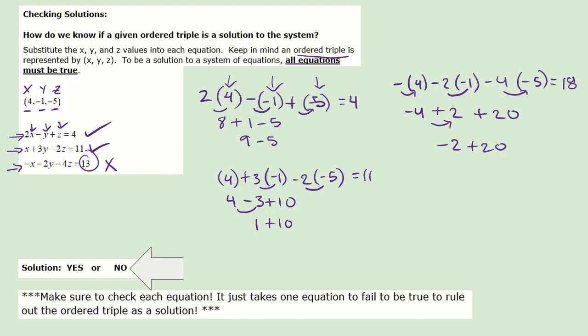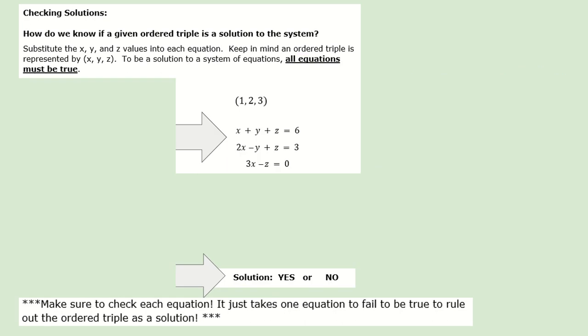So to summarize, the solution that is given right here at the top is not a solution because it doesn't work for the third equation. It has to work for each equation in order to be a true solution. So now let's try the next one. So we're going to replace these three letters, x, y, z, on each variable for the equations.